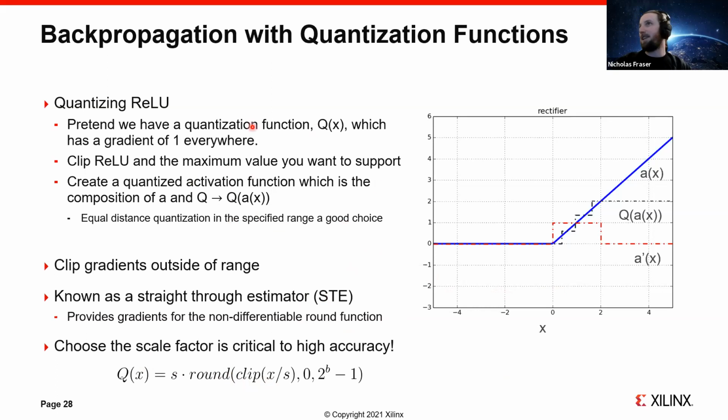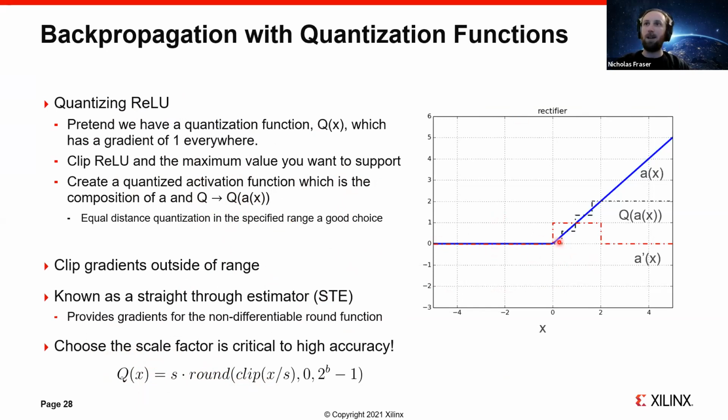Okay, so a practical example like we're seeing on the right. Usually when you're applying an activation function, you can take this quantization function with this rounding function where you know you're going to use the straight through estimator on the backward path. And you basically convert your previous ReLU function with the composition of the ReLU function and your quantization function. And what you're going to get out is something on the right.